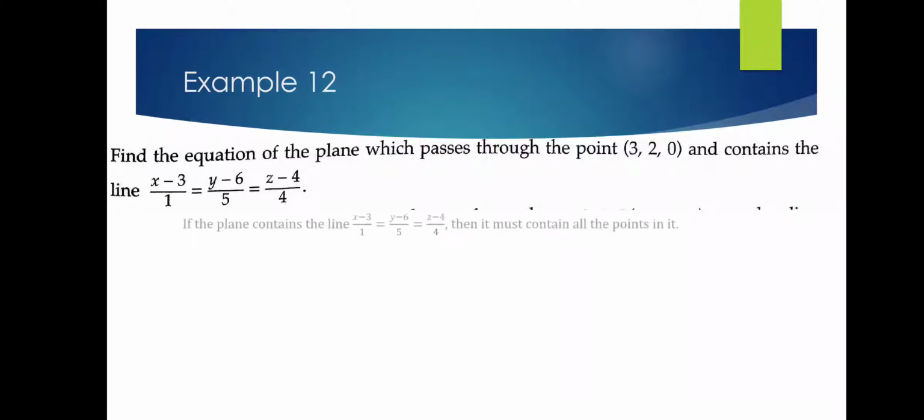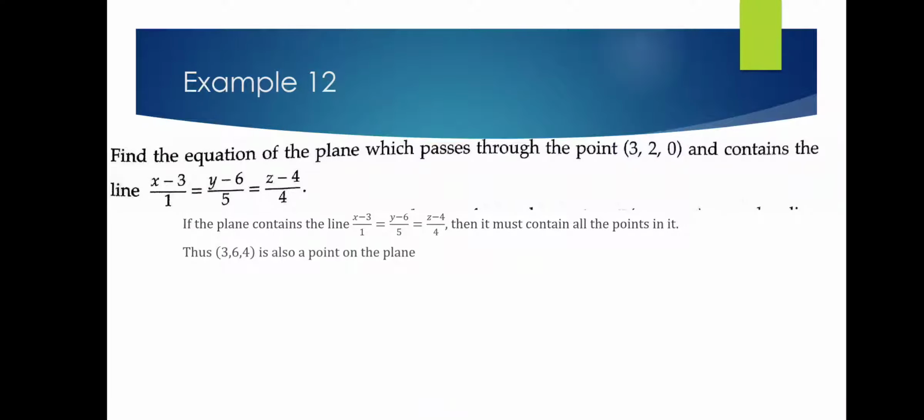Now I don't know the direction ratio of the normal to the plane. I know a point through which it is passing, and I am given a line which is in the plane. Now, if the plane contains the line, then it must contain all the points on it, right?